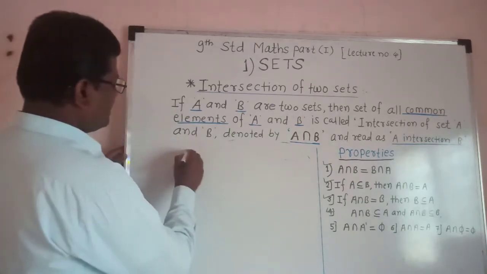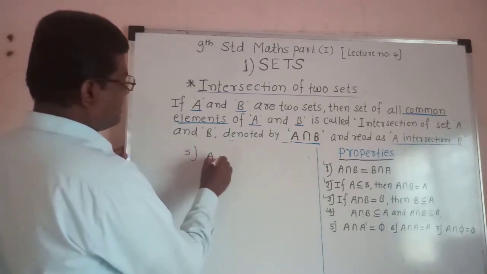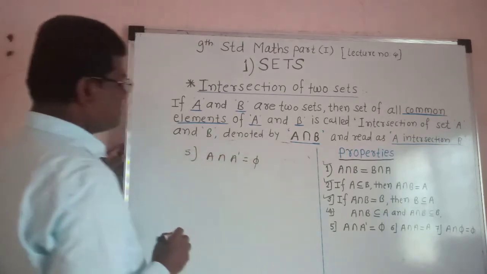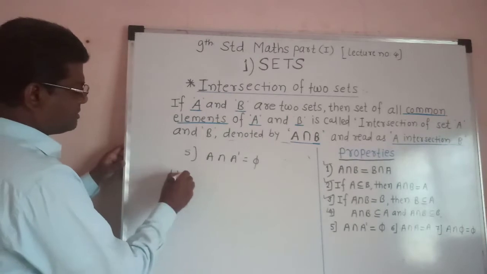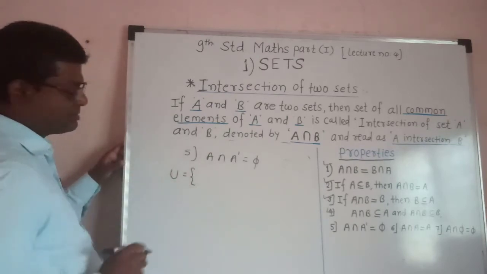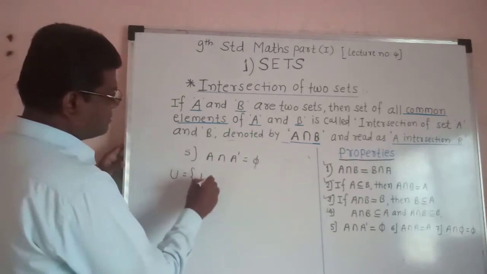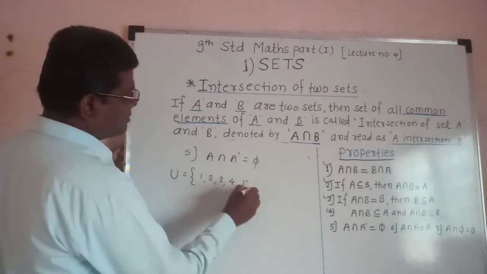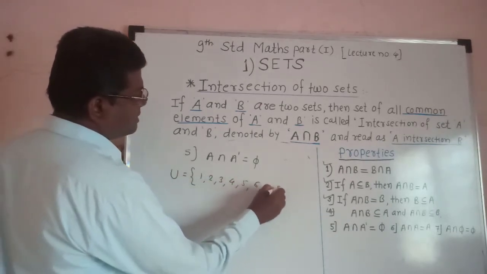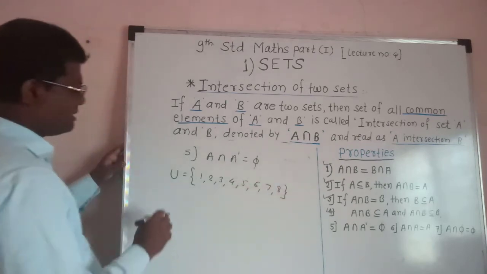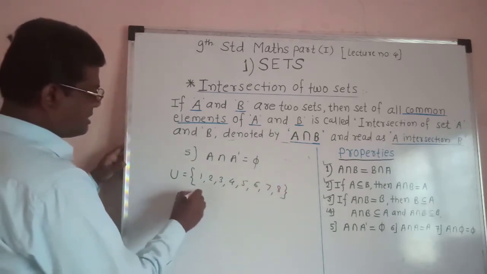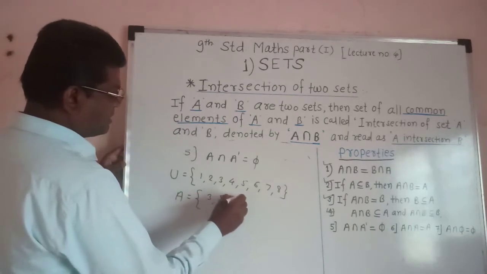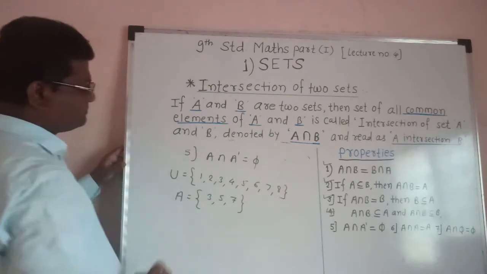That property is A intersection A dash is equal to phi. Suppose we take a universal set U equal to 1, 2, 3, 4, 5, 6, 7, 8. This is one of the sets, and we take a set A as the set of elements 3, 5, 7.